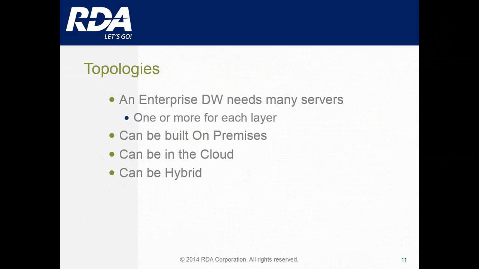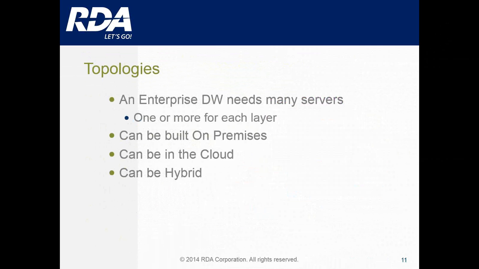So these kinds of topologies may need many servers, and you may need more than one server for each of these layers. This topology can be built on premises, in the cloud, or as a hybrid solution. So moving through these different topologies is what is going to tell us what exactly your data warehouse architecture should look like.